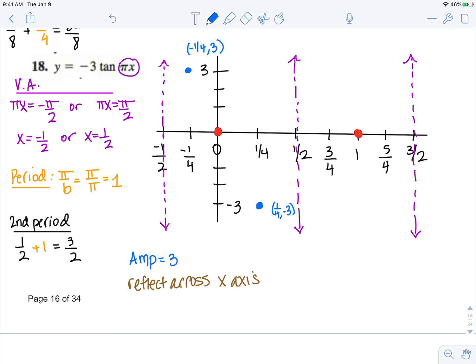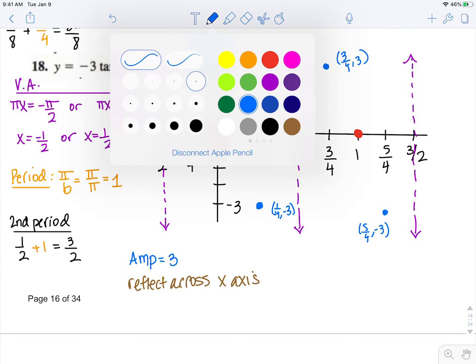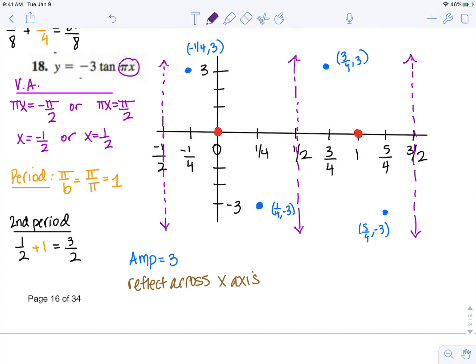So that means following that pattern, this point will be up at 3/4, 3, and this point will be down at 5/4, negative 3. And now what we can do is connect these with our tangent curve that we know will never cross those vertical asymptotes.